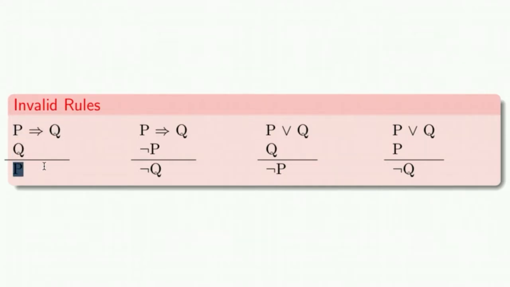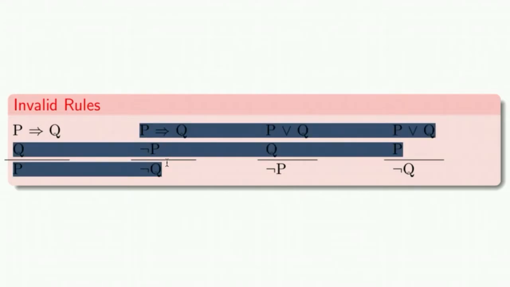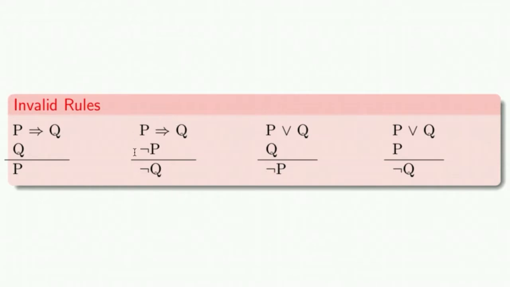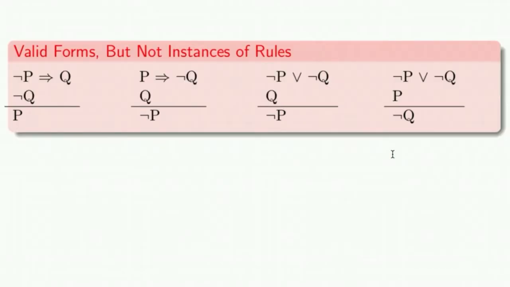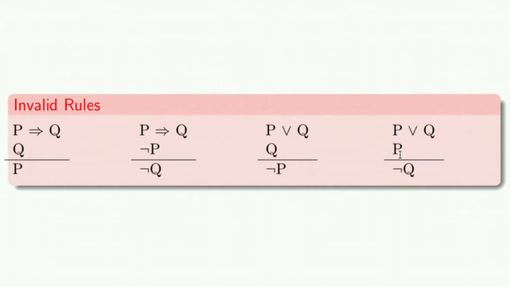It wouldn't actually be a rule of our system. This second one is also a mistake. Again, it's got the conclusion and the premise mixed up, and same for these two here. It's relatively easy to avoid this mistake as long as you're just careful in applying the rules, especially as you're learning them.